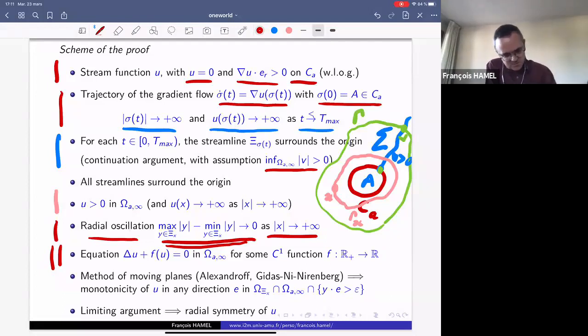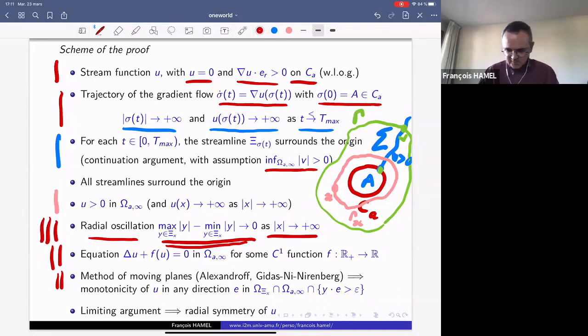So this is a quite difficult technical point here. We cannot apply the same result of Sirakov as before, because we do not know that the streamlines are cycles. This is what we want to show, but we know that the far streamlines look like cycles because of this condition, but they're not exactly cycles a priori.